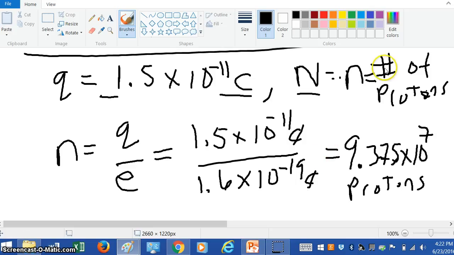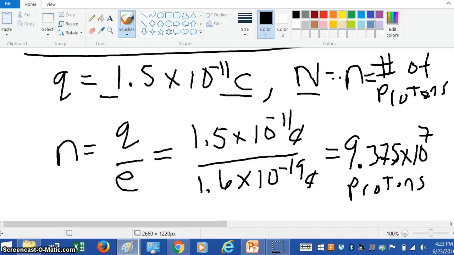When I put it into my calculator, I get a very large number, and it's not in scientific notation on my calculator. I get 9,375, and then there are 4 more zeros after that. So I count the zeros in threes: 1, 2, 3, and then 1, 2, 3, and then one more.